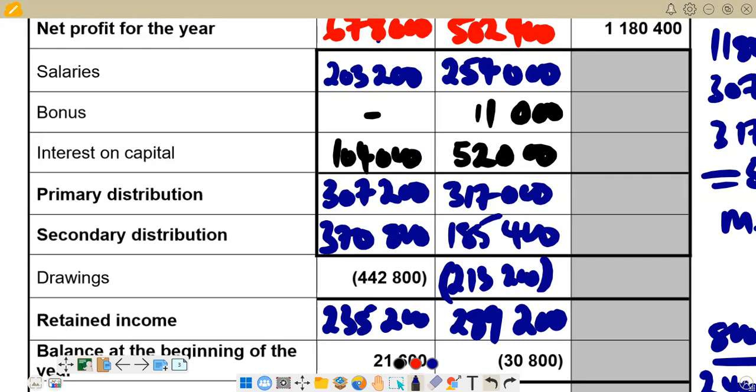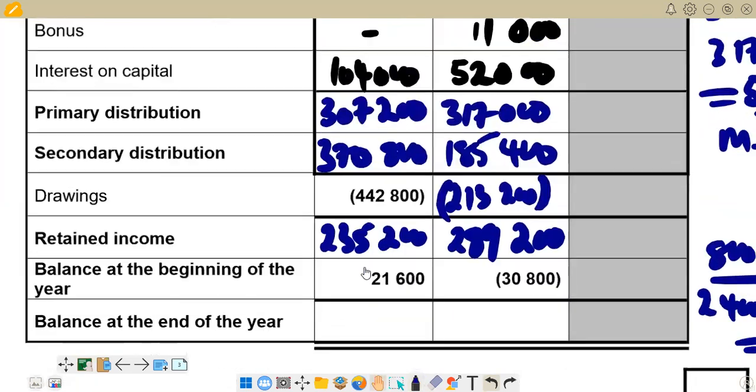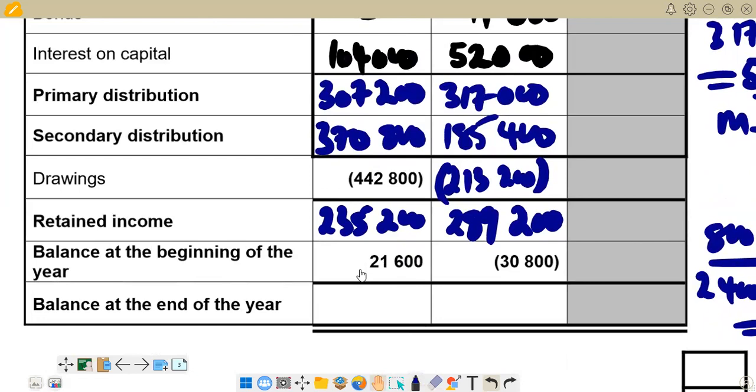Right, now we go to the balance at the end. So the balance at the end, we are saying retained income plus balance at the beginning. So you are going to add this one plus this one to get this figure.